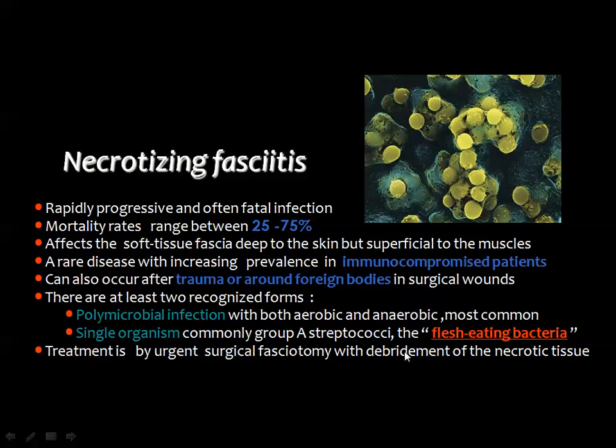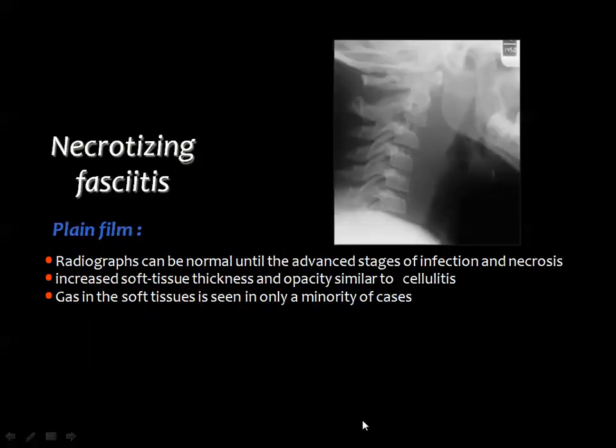Then there are two main causes for this necrotizing fasciitis. Either you are dealing with a single organism, which is group A streptococci known as the flesh-eating bacteria, or multiple organisms, both aerobic and anaerobic, contributing to this aggressive inflammatory process.